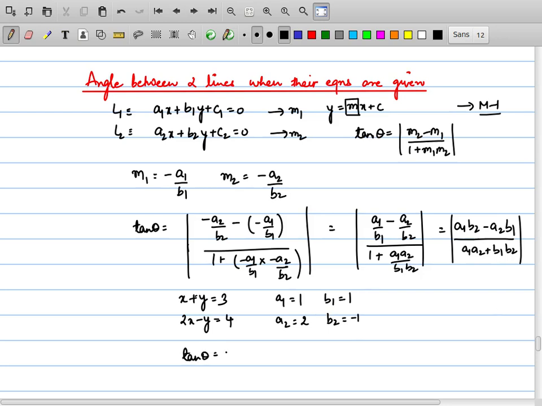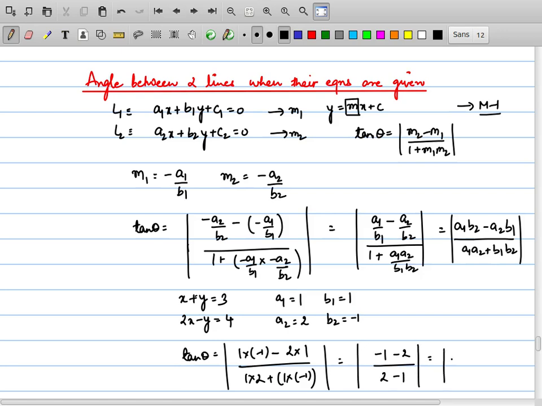Tan theta is (a1 b2 minus a2 b1) upon (a1 a2 plus b1 b2), that is (1 into minus 1 minus 2 into 1) upon (1 into 2 plus 1 into minus 1). This gives minus 1 minus 2 upon 2 minus 1, that is minus 3 upon 1, which in modulus is simply 3.